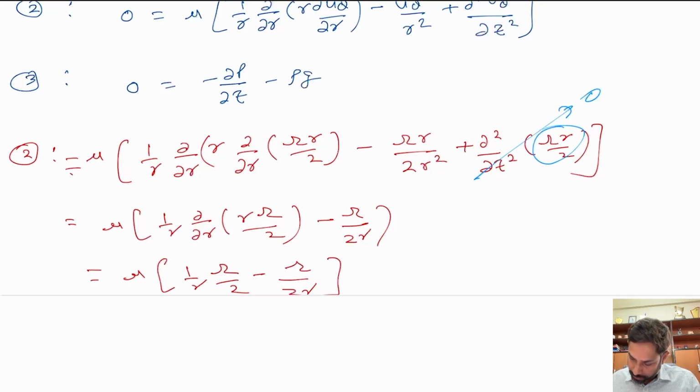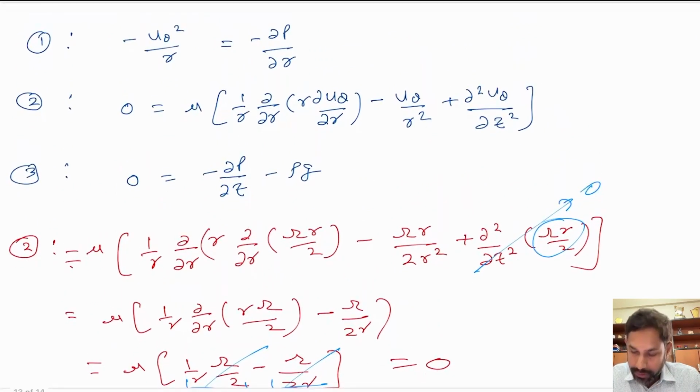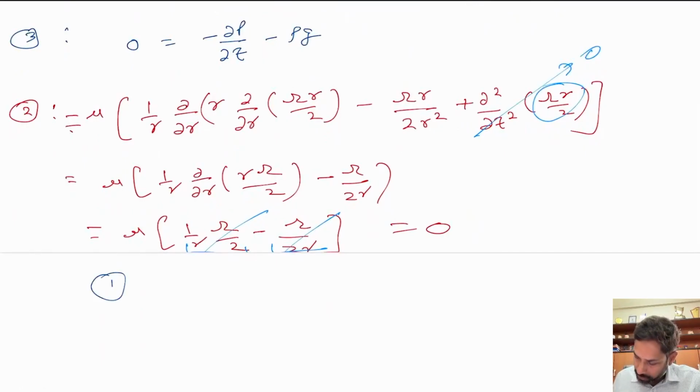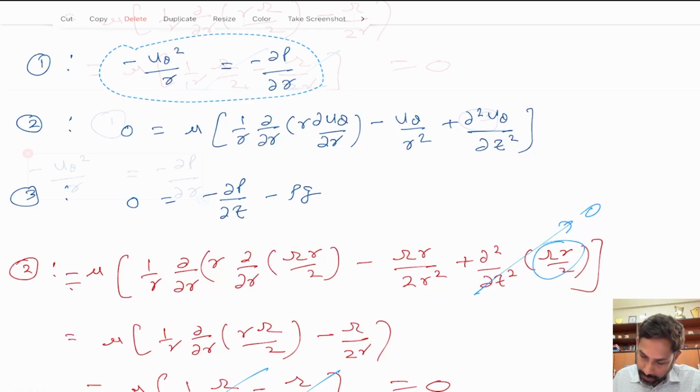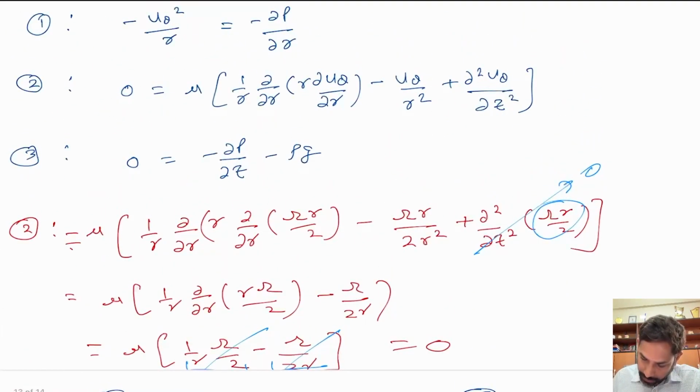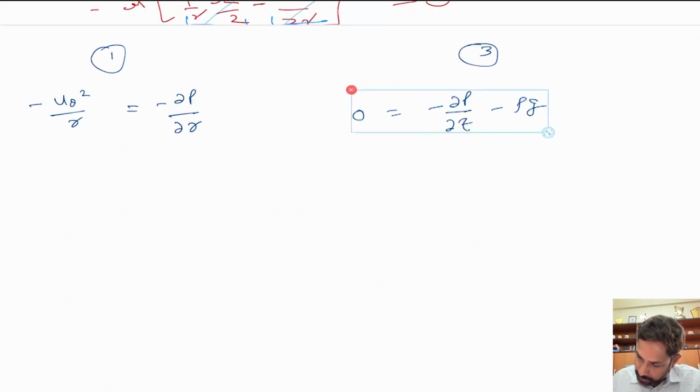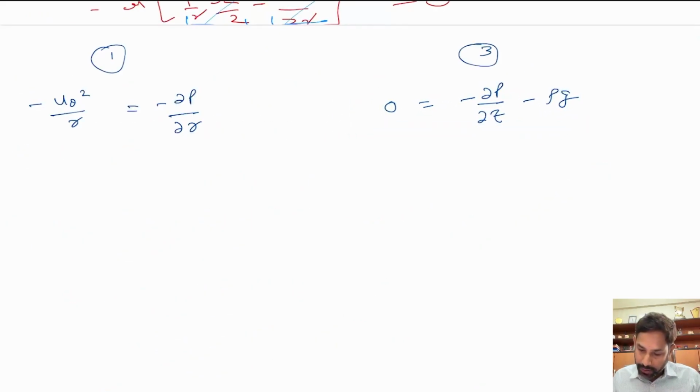So this cancels out and this becomes equal to 0. So equation number 2 basically becomes 0, and that is again irrelevant for us. So only equation 1 and equation 3 are relevant, and let me write them down here. So equation 1 is this, and equation 3 is this. So we can solve them individually.